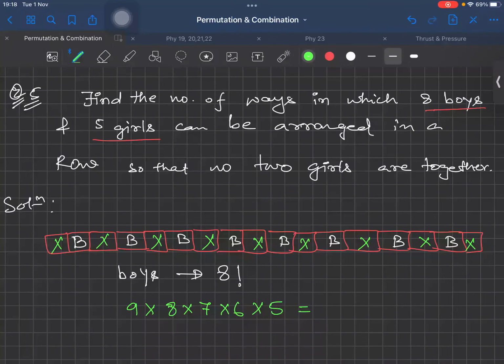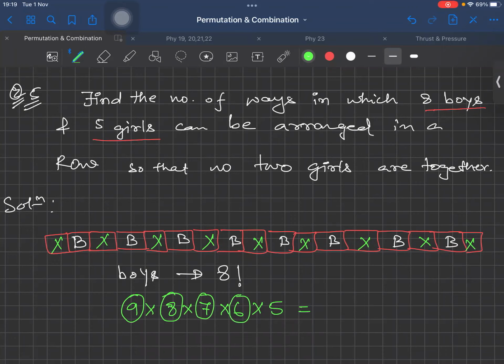I don't know how much this number is going to be, but it's important to understand that there are 9 empty places for a girl to sit, and there are 5 girls. So the first girl can sit in 9 ways. Second girl can sit in 8 ways. Third girl in 7 ways. Fourth girl in 6 ways.